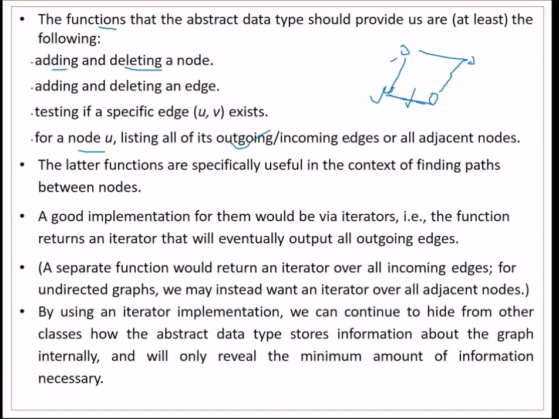A good implementation of this could use iterators, that is, the function returns an iterator that will eventually output all the outgoing edges. By using this iterator implementation, we can continue to hide from other classes how this ADT stores information about the graph internally, and we will only reveal the minimum information that is required.